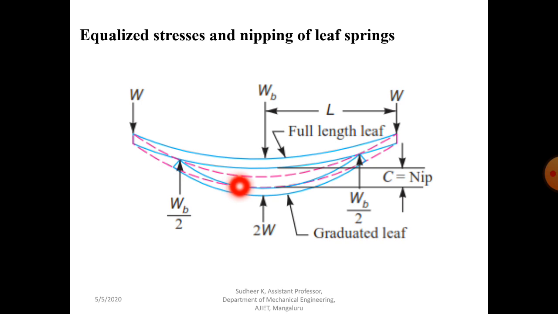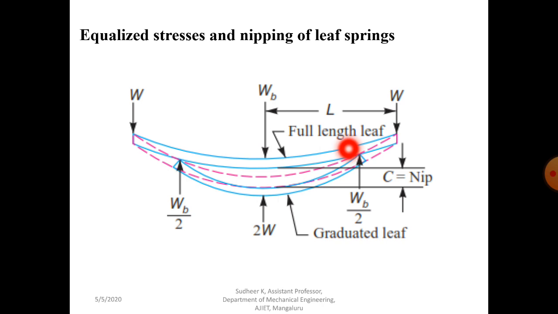If you give a greater radius of curvature to the full length leaves than the graduated leaves, you can see there will be a small gap because of the variation in the radius of curvature. Before the leaves are assembled to form a spring, we have to give greater radius of curvature to the full length leaves than the graduated length leaves. This is the graduated leaf, and this is the full length leaves.